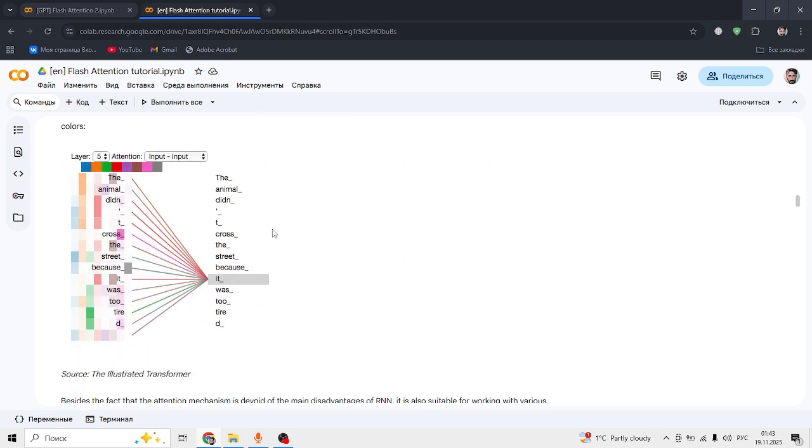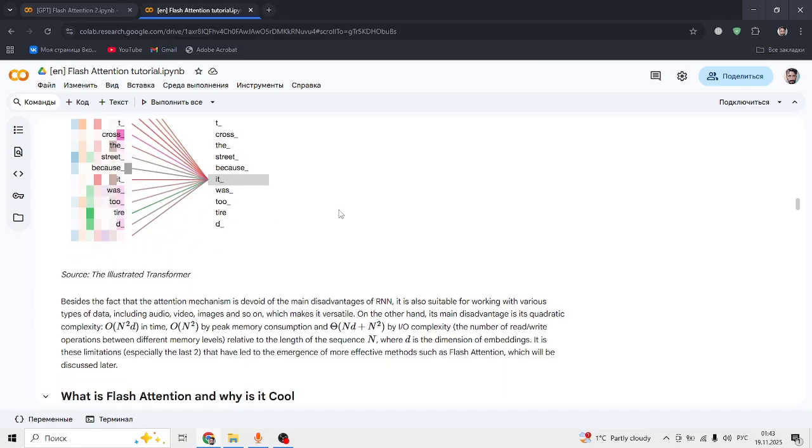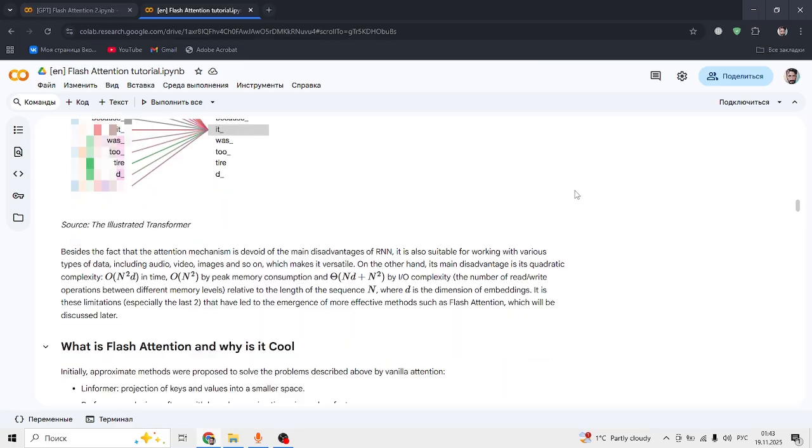I mean that each attention head can find some different aspects, and it shows how these aspects impact the connection in general.